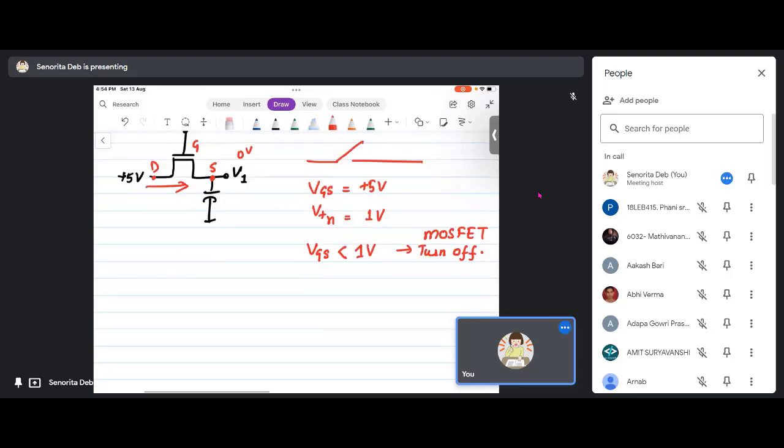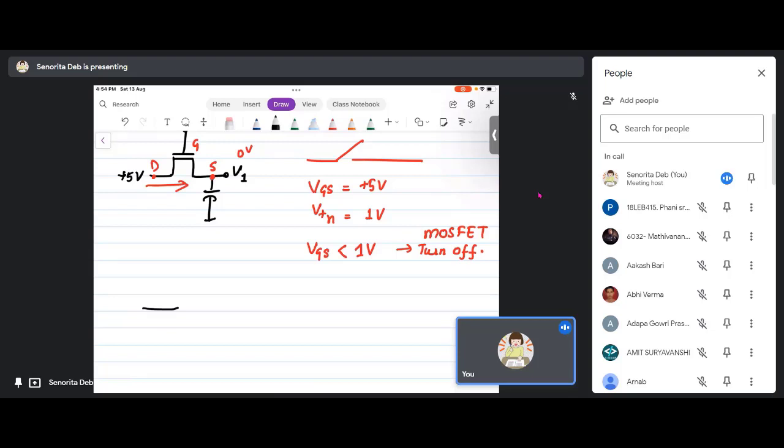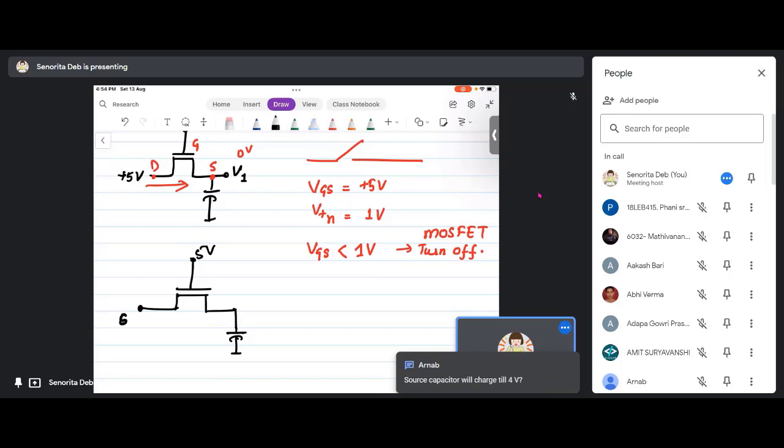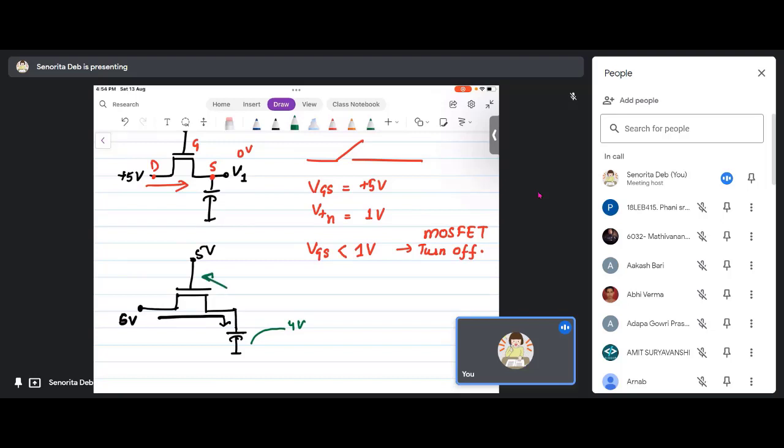Now what happens? I took the MOSFET, I gave 5 volt in its gate. It had initially 0 volts here. Now when I connect 5 volt here, the capacitor will start charging, right? As soon as it charges to 4 volts, the VGS here, it is still source, right? Because it's still at lower potential. This is drain, it is still drain, because it is at 5 volt.